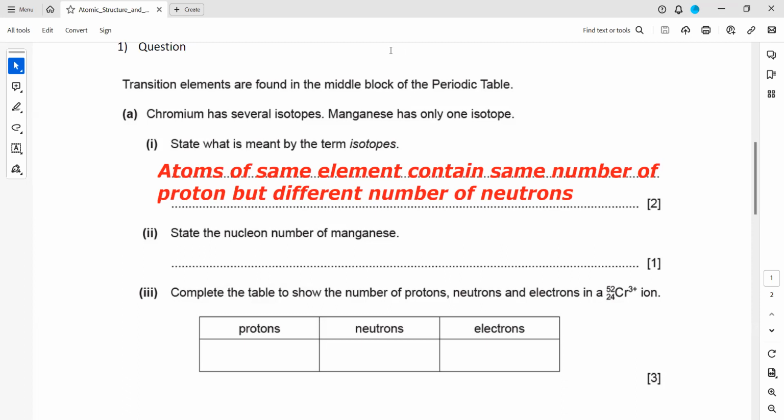State the nucleon number of manganese. To work out the nucleon number, meaning the mass number of manganese, you have to use a periodic table.